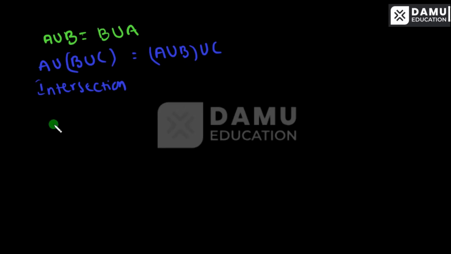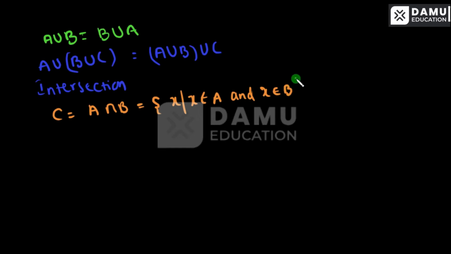Let's take set C, A intersection B. We will write it in set builder form: x such that x belongs to A and x belongs to B. The elements we take in set C should be contained in A, and they should belong to B also, then only you can take it as the intersection part. The elements which are present in both A and B.